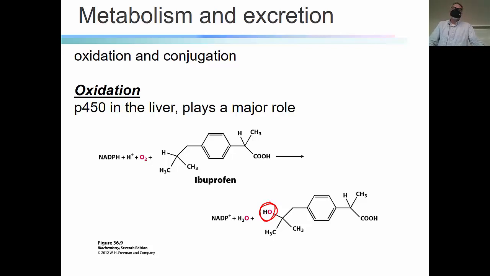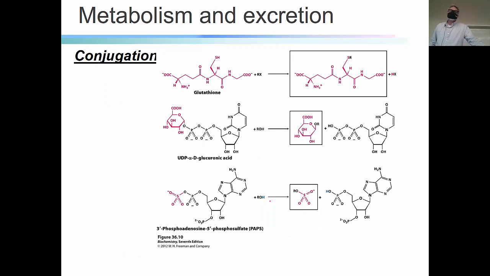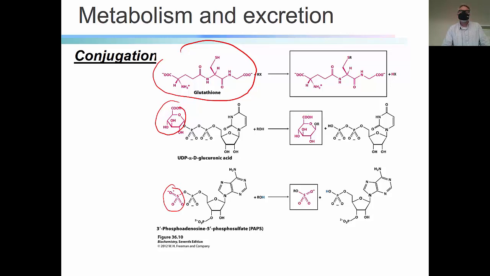For many drugs, the next step is what's called conjugation. In all of these examples, this big pink molecule gets added onto the drug, generally onto this OH group that's been added. So we add this hydroxyl group, and then we add a big polar molecule to it.